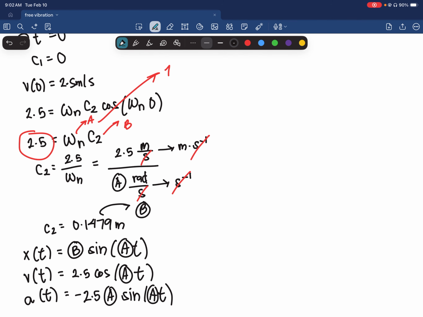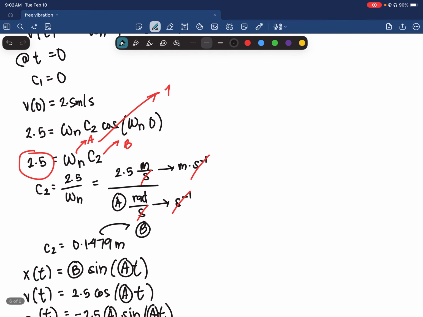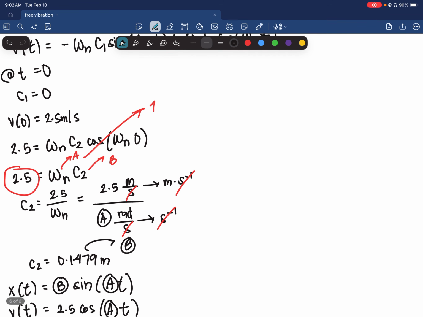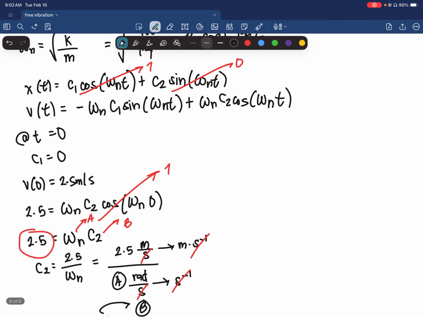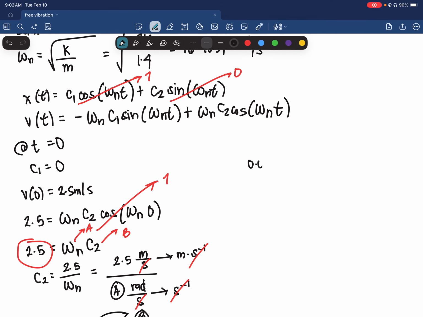Ngayon, solve natin yung time. Okay? So, pwede natin i-shift solve. No, since ang magiging itsura niya ay 0.06 meter is equal to B sine At. And we can shift solve. But for the sake of it, let's just solve it manually. So, yung muna natin ay i-isolate yung ating t.